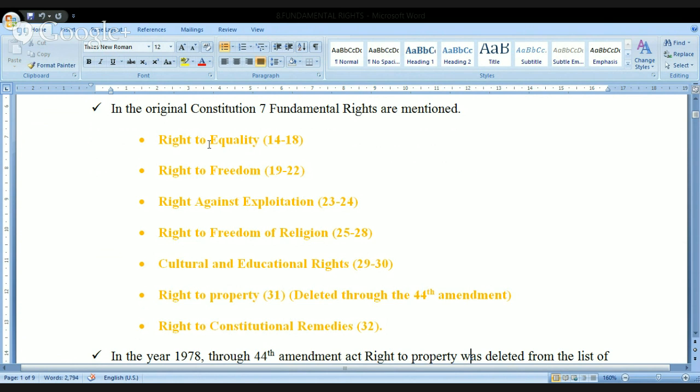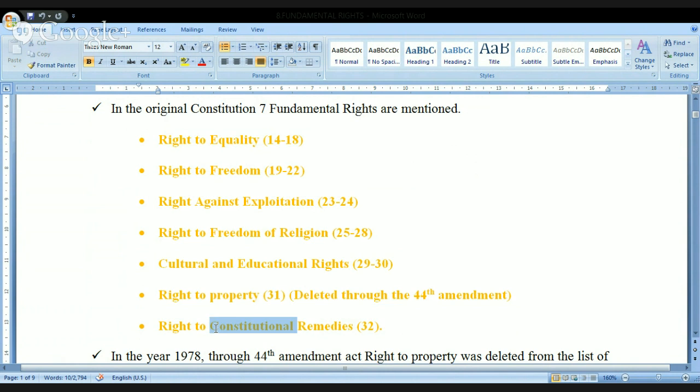Look at this. This is the first one, right to equality, right to freedoms, right against exploitation, right to freedom of religion, cultural and educational rights, right to property, which is no more available, it has been deleted through the 44th Amendment.